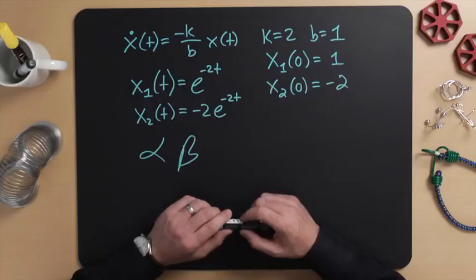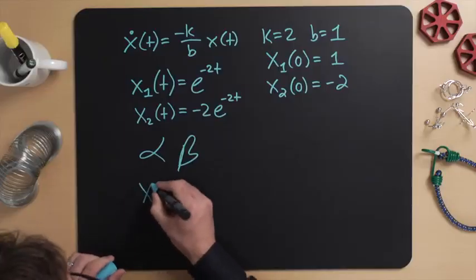Now let's assume that alpha and beta are numbers. That is, they are numbers like 1 or 1/2 or pi, or later we will even allow these numbers to be imaginary numbers. Then the principle of superposition tells us that x of t equal to x sub 1 plus x sub 2 is a solution as well. It tells us that x of t equal to alpha times x sub 1 is a solution for any choice of the number alpha. Similarly, x of t equal to beta times x sub 2 is a solution for any choice of beta.